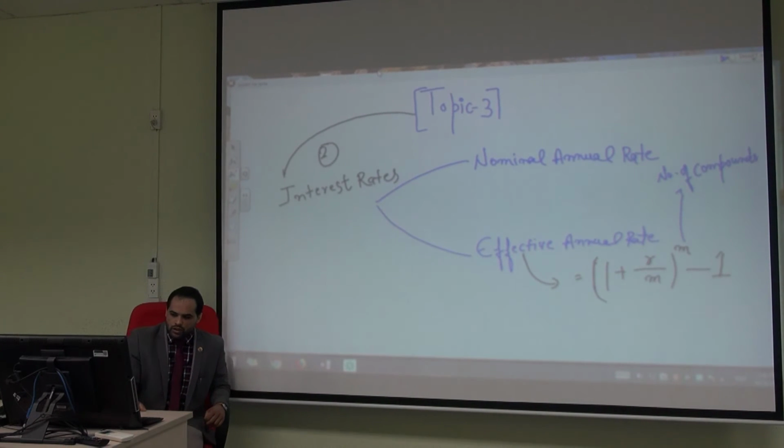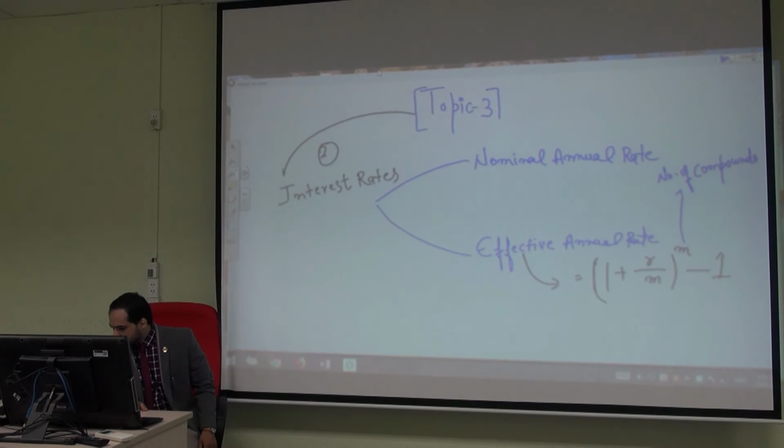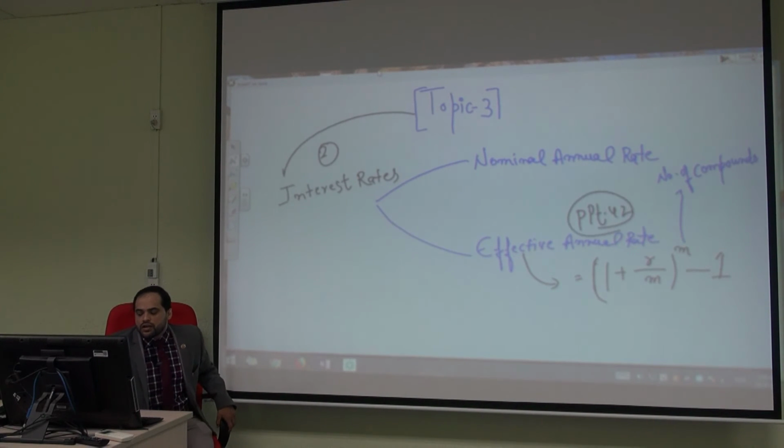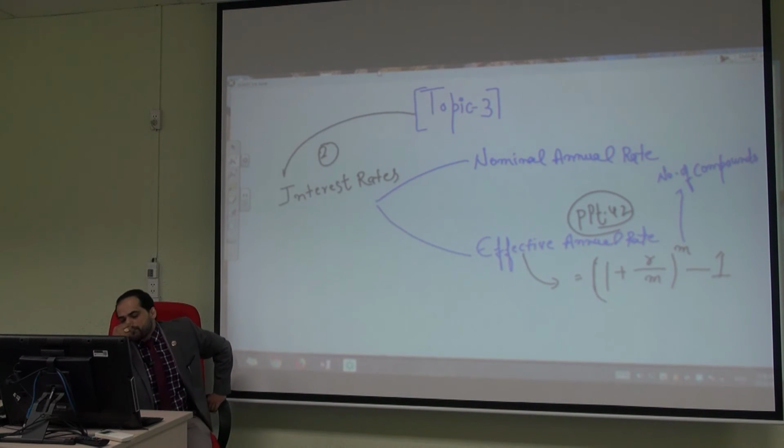I don't exactly remember the lecture slides, but I think it is slide 42. If you have a look at slide 42, there is an example of 3 different investments. One investment is annual, the rate of interest is 8%, right? The second one is semi-annual, where the rate of interest changes to around 8.16%, right? I'm talking about EAR.